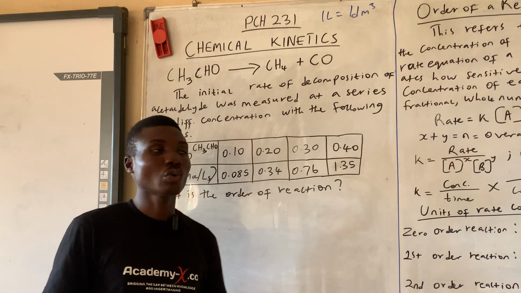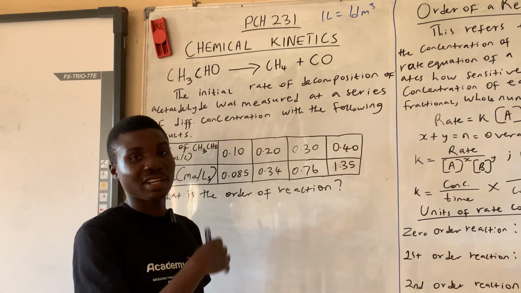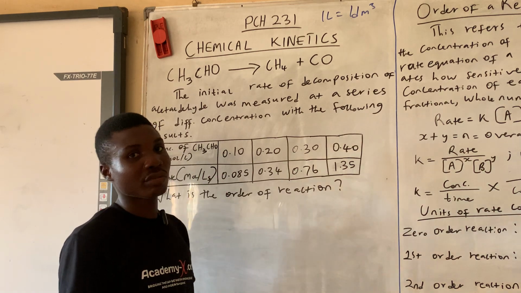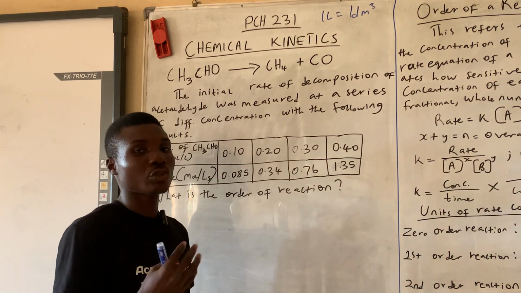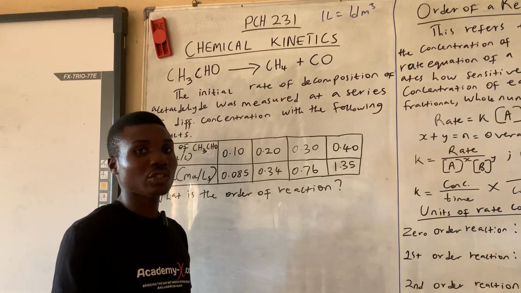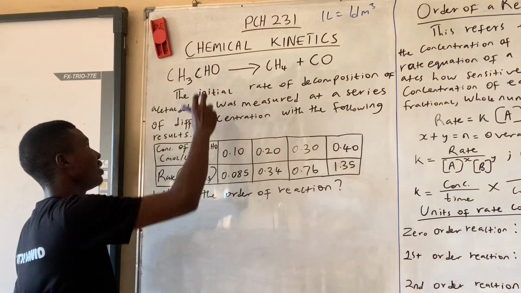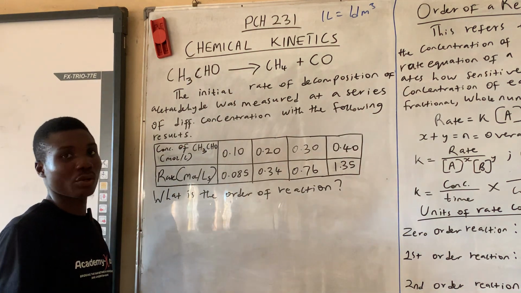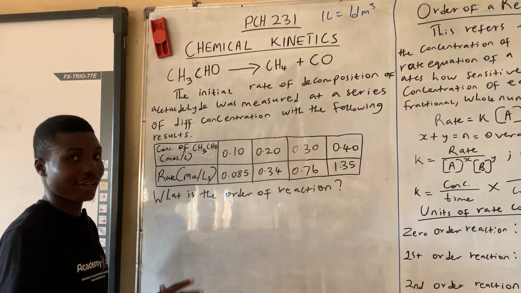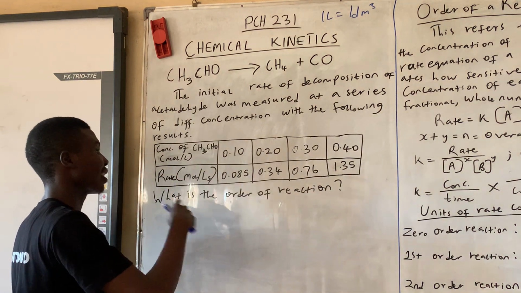I showed you that when oxygen is constant, a doubling of nitrogen 2 oxide gives a quadrupling of the rate of reaction. And when nitrogen 2 oxide is constant, a doubling of oxygen gives a doubling of the rate of reaction. In this particular context, you don't need to keep anything constant because the only reactant is acetaldehyde, as ethanol. So everything else is already constant on its own.